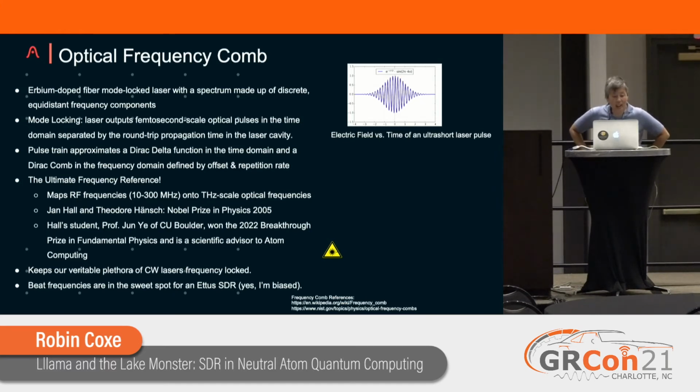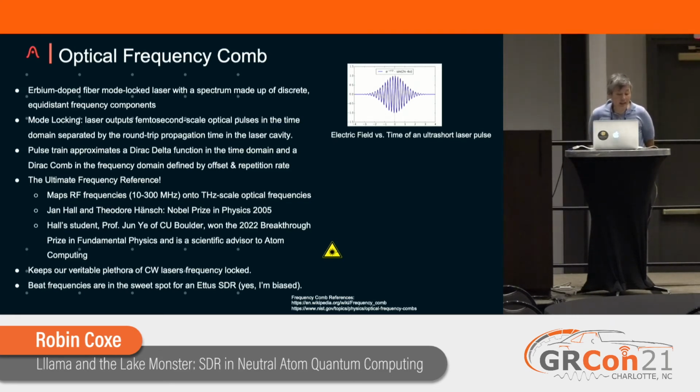When I say mode locked, what I mean is the laser outputs femtosecond scale optical pulses in the time domain that are separated by the round trip propagation time in the laser cavity. So in the frequency domain, for some reason the picture didn't render, but you have very evenly spaced spikes that are excellent frequency references.